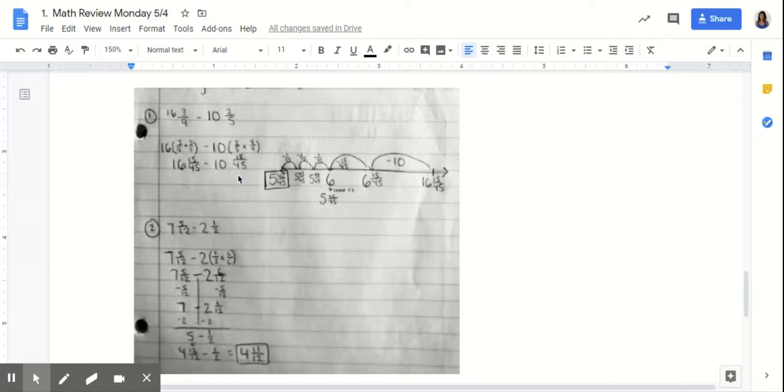Right now I am going to start from my first number, 16 and 15/45, placing it on the number line because this is the most that I'm at, and I can't go beyond that if I'm subtracting. Then I'm going to subtract 10 and 18/45. My first step was subtracting the whole number, 10, which drops me down to 6 and 15/45.